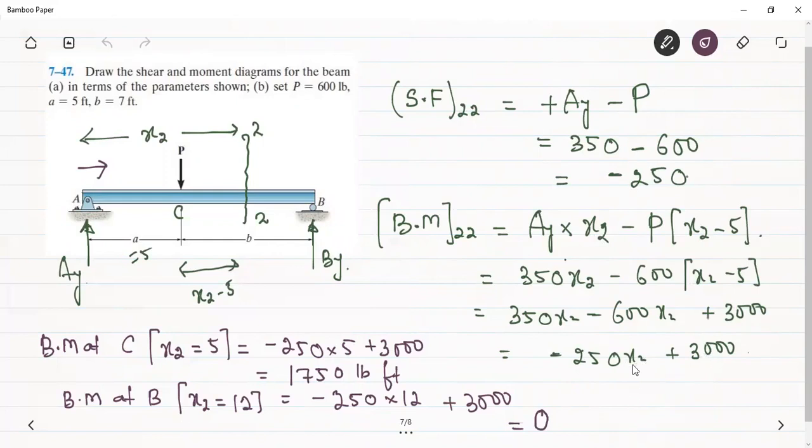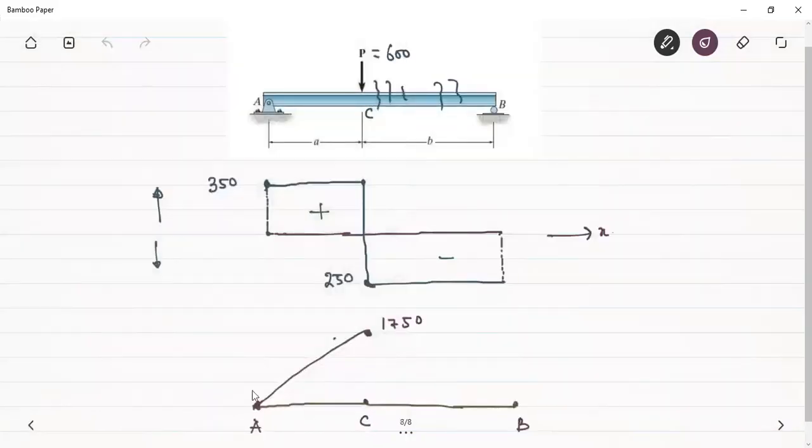So with the increase of x2, if x2 is increasing, will the bending moment increase or decrease? From this equation, it's clear that this bending moment will go on decreasing, because we have a negative sign here. Therefore, from this onwards, the bending moment will go on decreasing and it will reach 0 at B. Again, we have to connect it with a straight line.